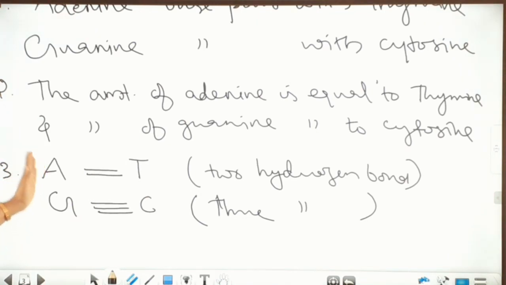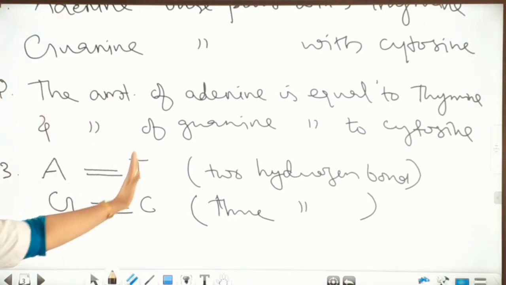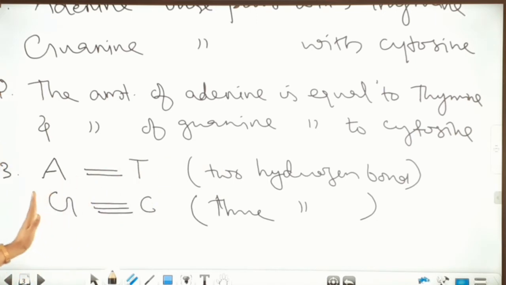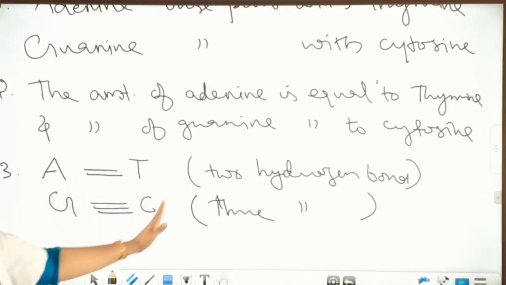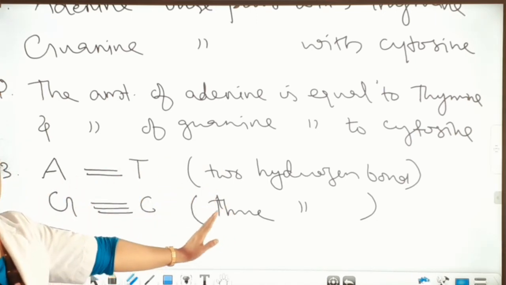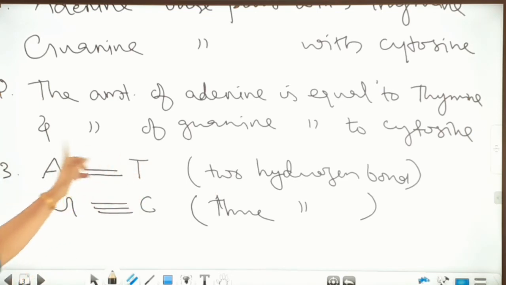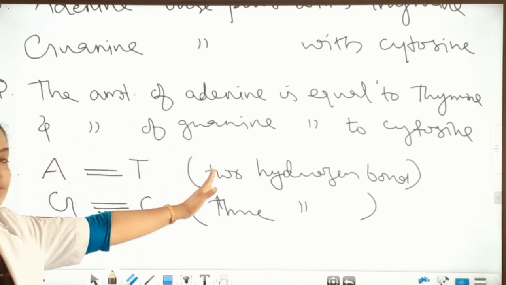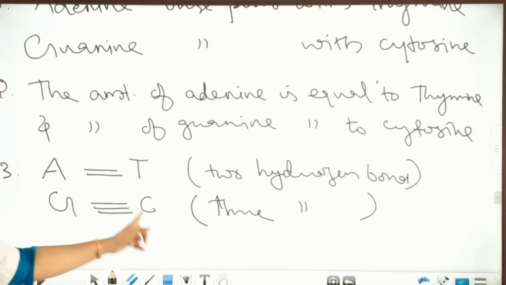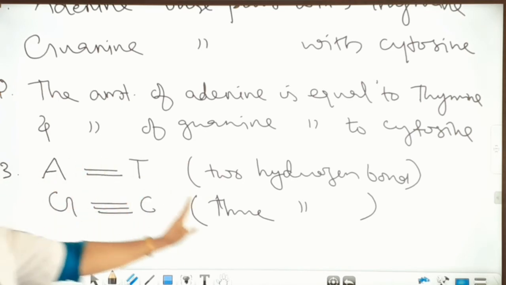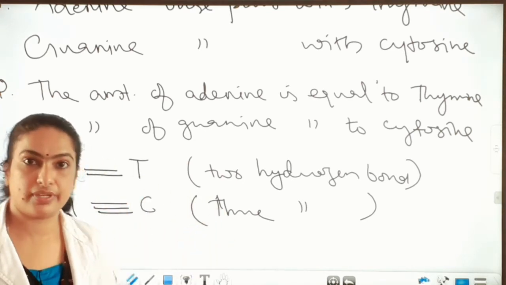So adenine base pairs with thymine with two hydrogen bonds and guanine base pairs with cytosine with three hydrogen bonds. In turn we can say thymine base pairs with adenine with two hydrogen bonds, and cytosine base pairs with guanine with three hydrogen bonds. Okay.